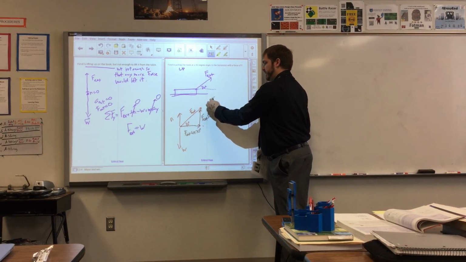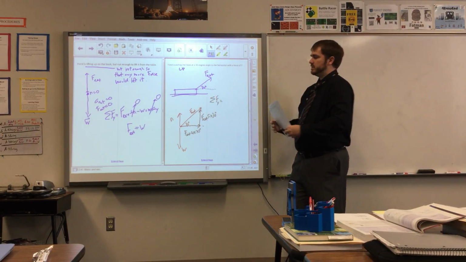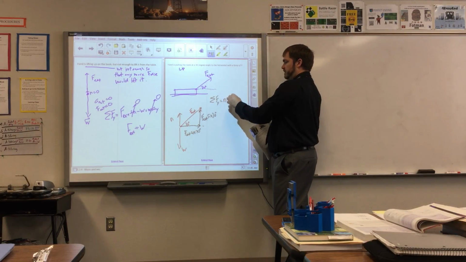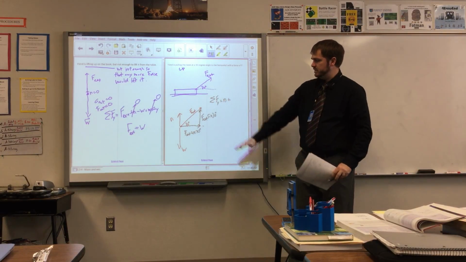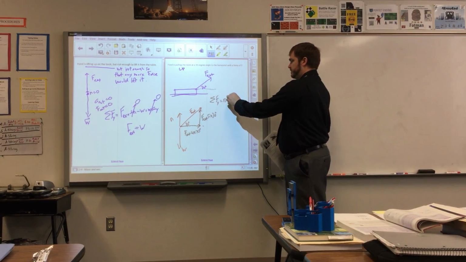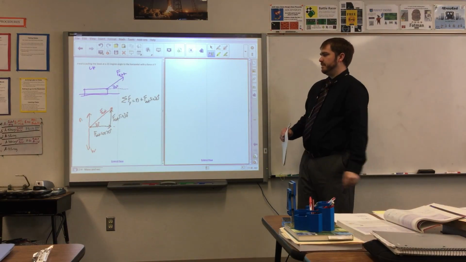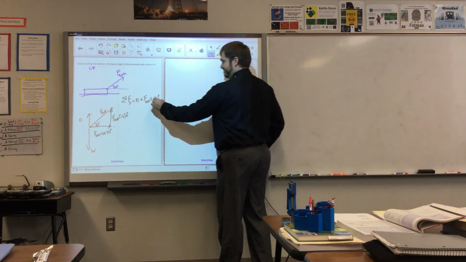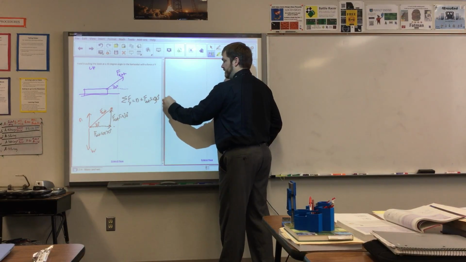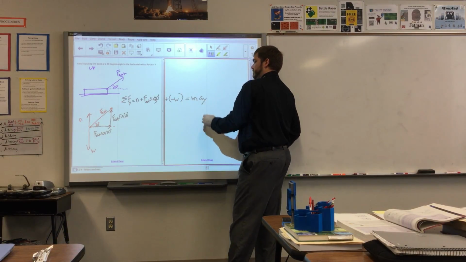So now when I write Newton's second law, summation of forces in the y direction, what's going up? Normal plus the y component here, F external sine 30. Plus negative weight equals mass times acceleration in the y direction.